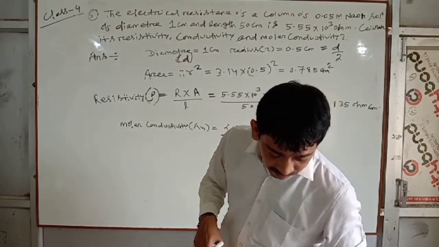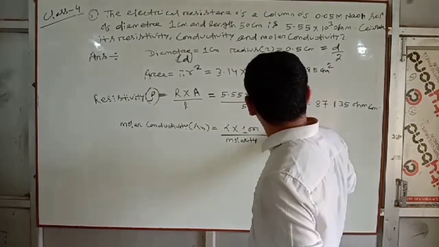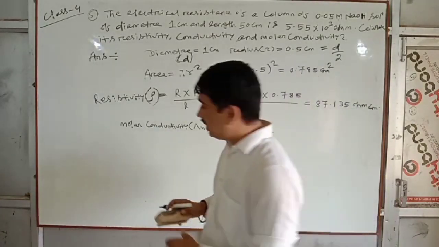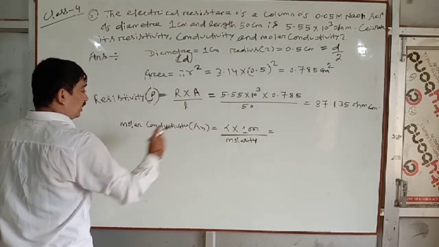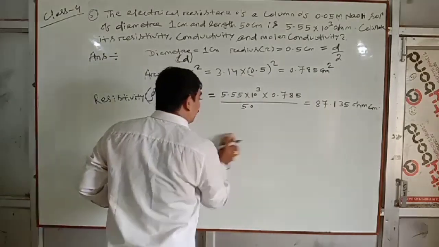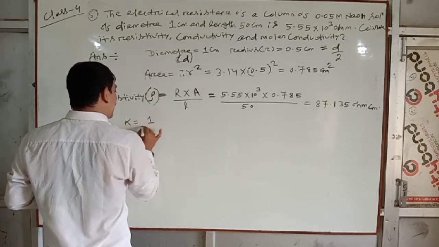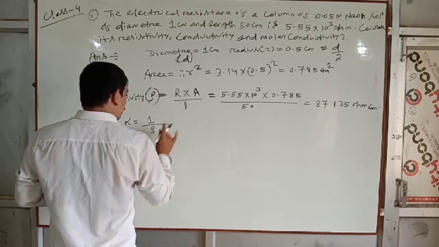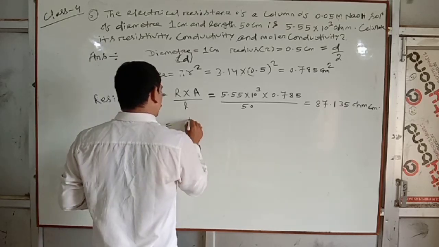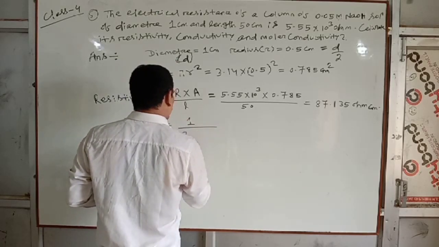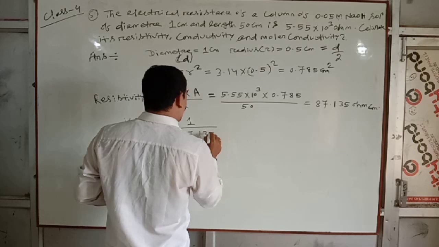Kappa equal to 1 by resistivity, 1 by rho, which is equal to 1 by 87.135.